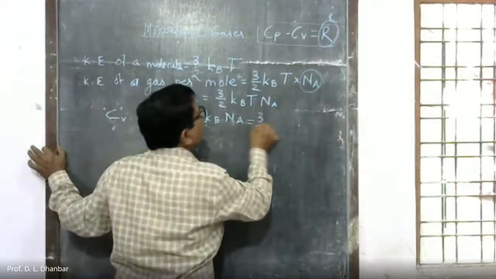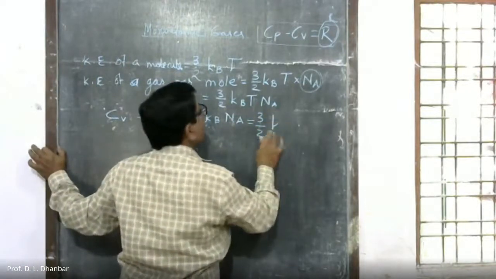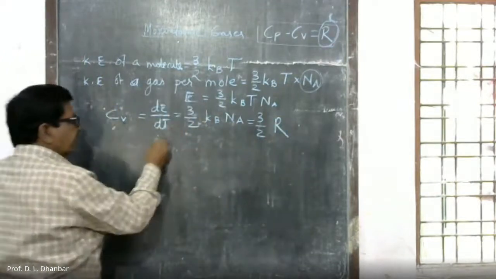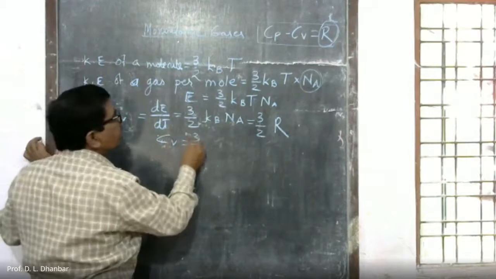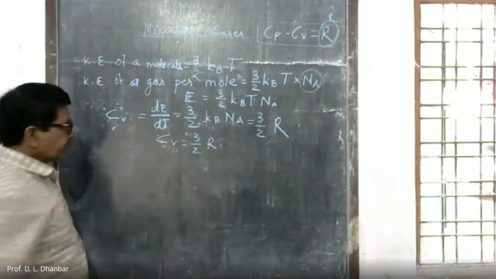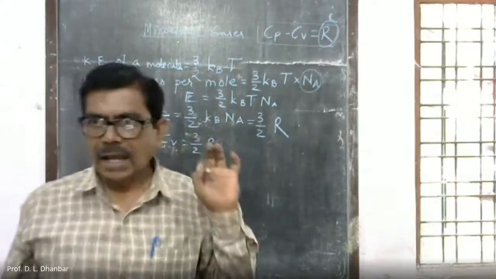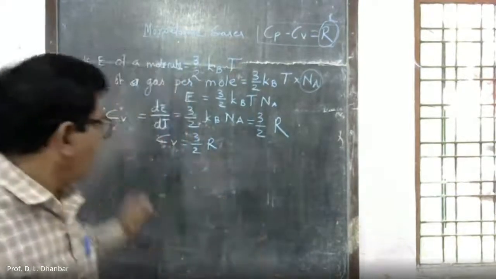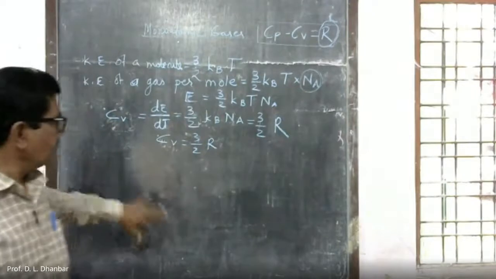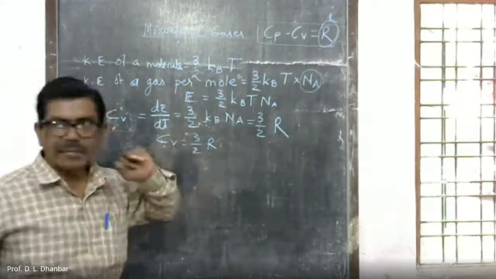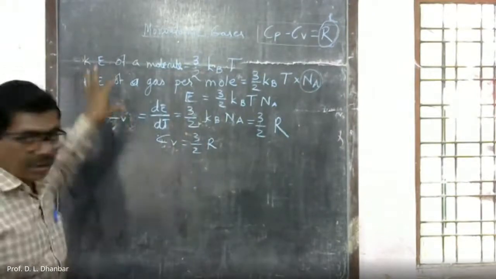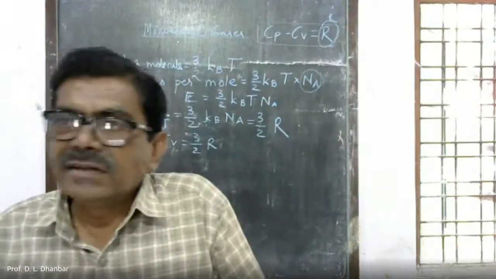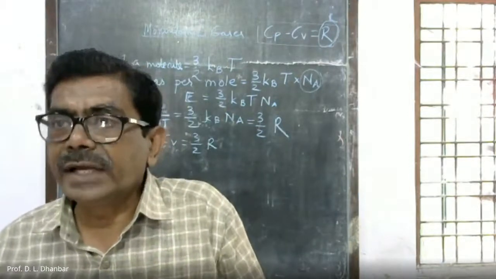So what we get is 3 by 2 into R. This is our Cv. So Cv is equal to 3 by 2 into R. The specific heat of the gas at constant volume is given by 3 by 2 times R. And this is the internal energy, because the internal energy of the gas is related to the degrees of freedom.